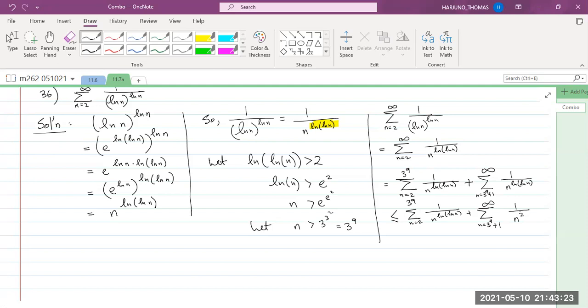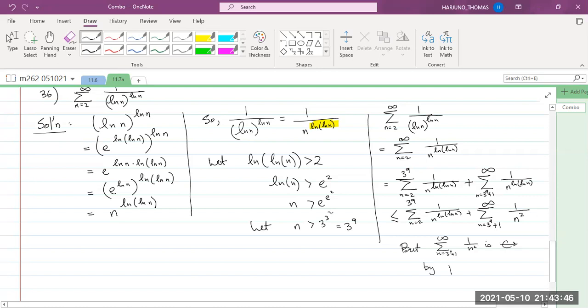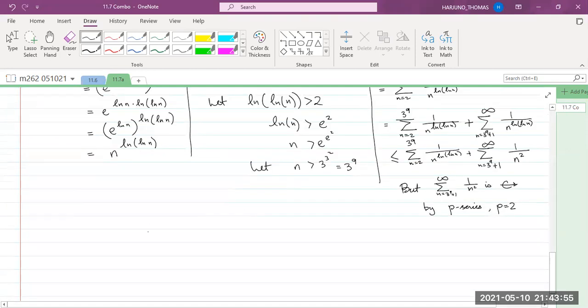Okay, but that is convergent by p series, p equals 2.